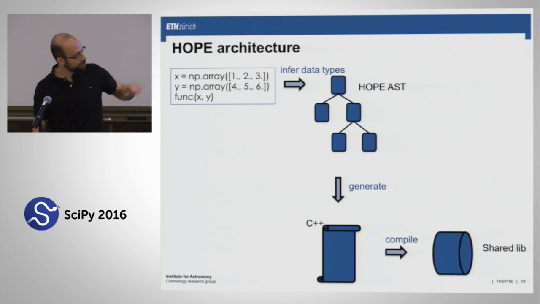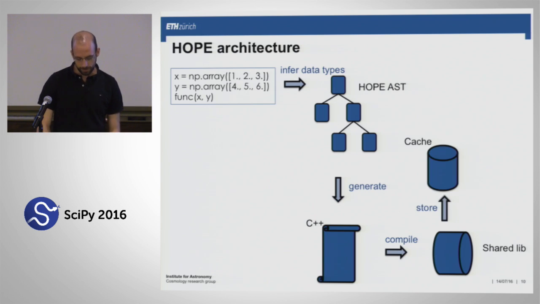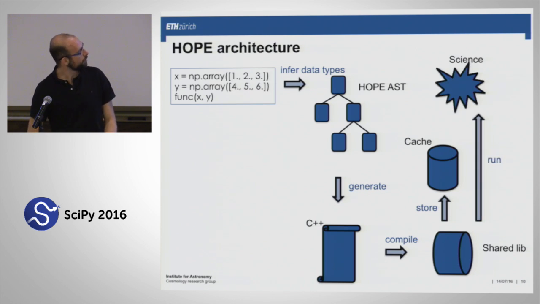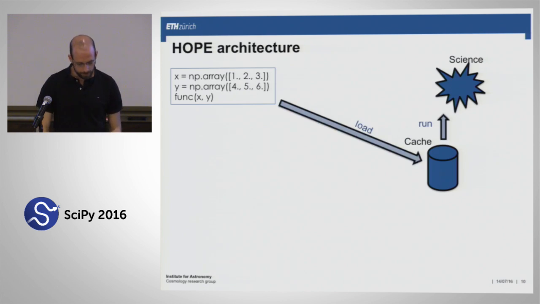All right, so we have this shared object library. What we do next is cache it: we write it to disk, and we use it later on. Eventually, we run, and we end up with science, and hopefully faster. The next time you run your code, we go directly to the cache, load it from the file system into memory, and run it directly.